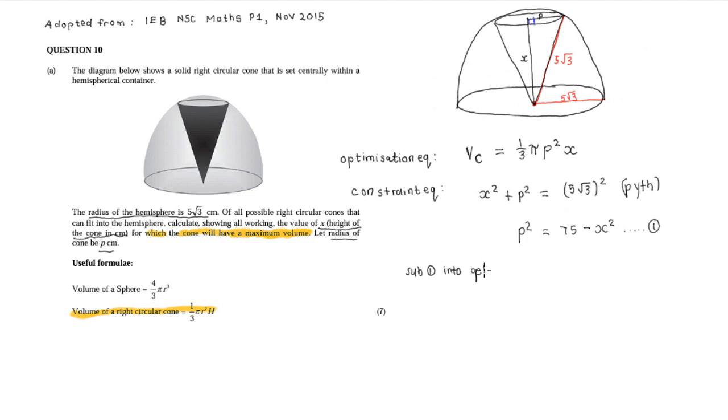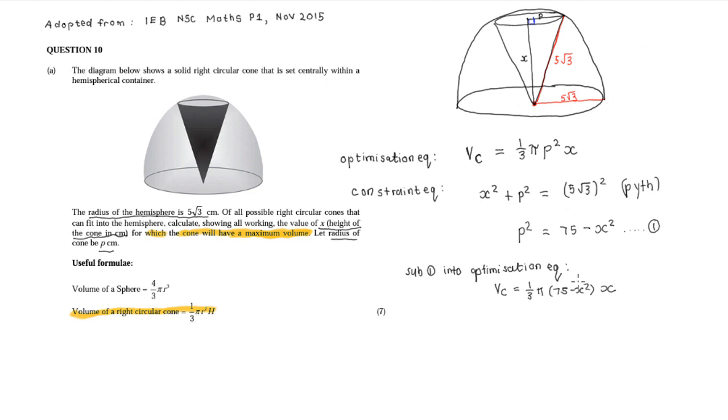Okay, so we can call this equation 1. Then we're going to substitute equation 1 into the optimization equation. And when we do that, we will change the optimization equation to be that the volume of the cone is equal to 1/3 times pi times p squared, which is 75 minus x squared, times x.